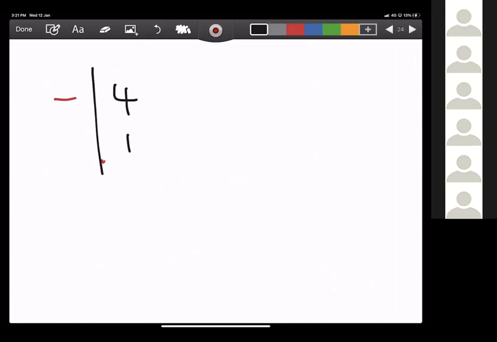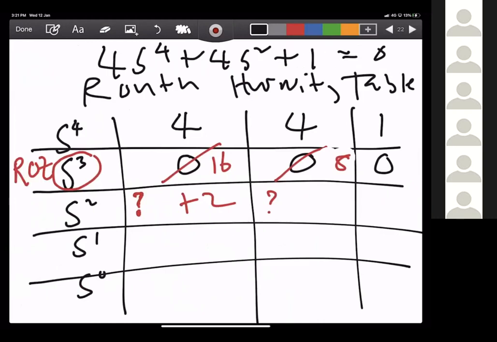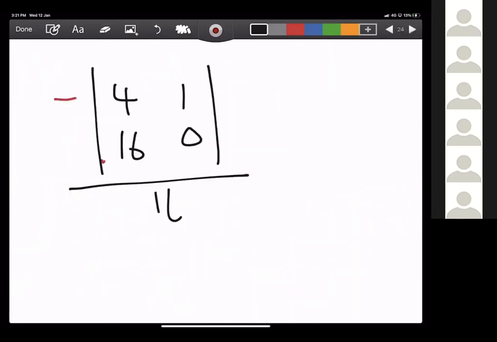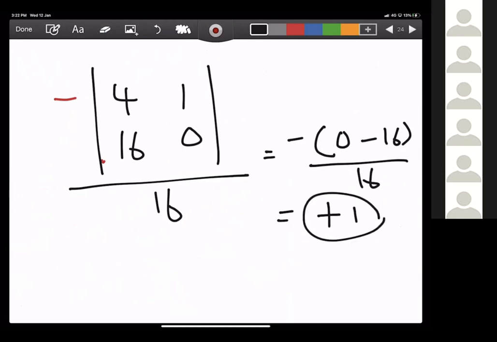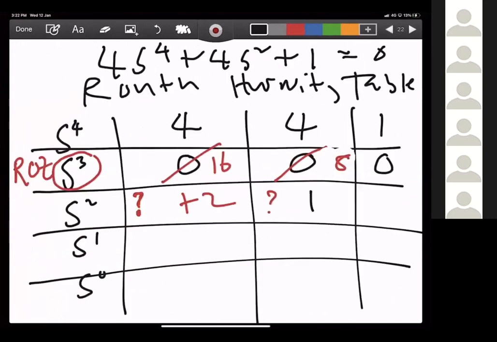Bawah tu 16. 16, 0, 0, divide by 16 sama dengan positive 1. Yang ini 0. Betul? Ya, betul.